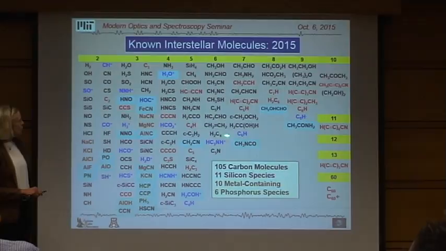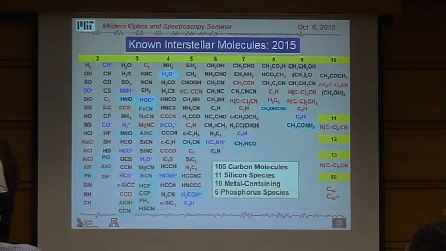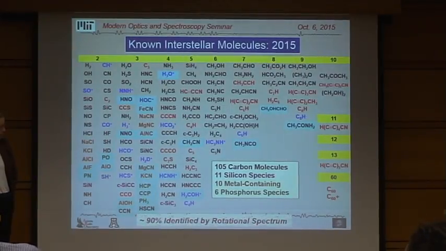So you can see you're really running the gamut from a few carbons, maybe 11, 12, 13 carbons, to things with 60 carbons. And we don't really know what's in between, which is one of the major questions for spectroscopy and astronomy. And about 90% of these molecules were identified by their pure rotational spectrum, so that's been a big application of rotational spectroscopy.